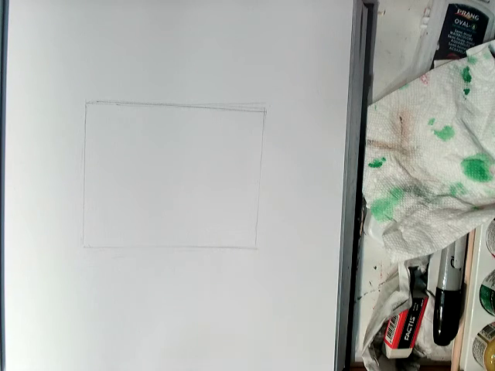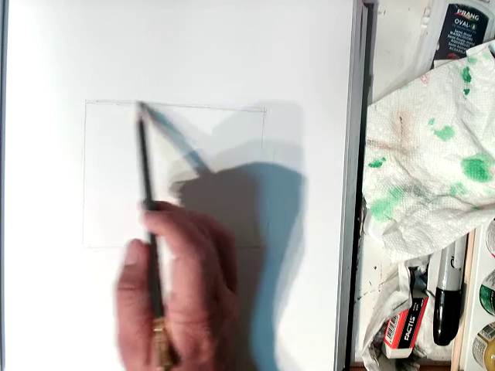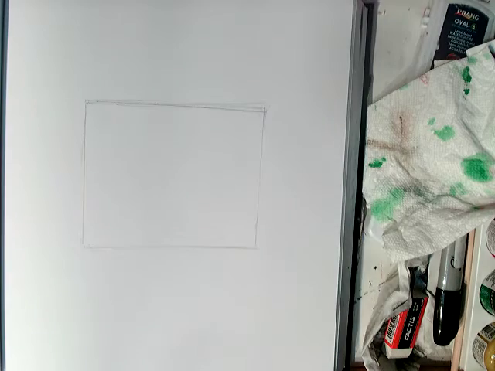Now I'm going to add my vanishing point. I want my vanishing point to be on my horizon, and I want my horizon to be at about eye level. So I want to put my horizon about 5 feet up, somewhere between 5 and 6 feet up, depending on how tall your viewer is.